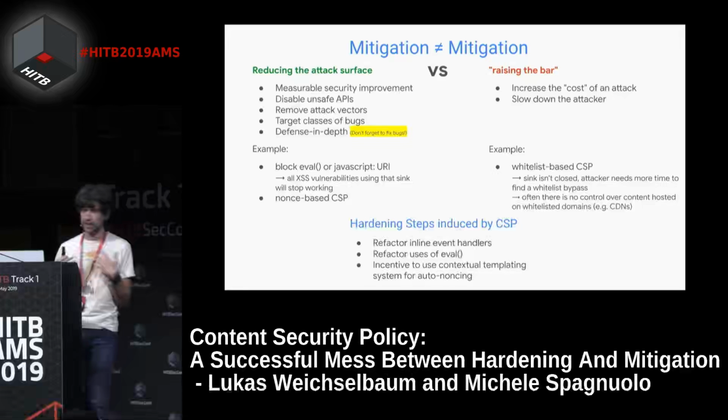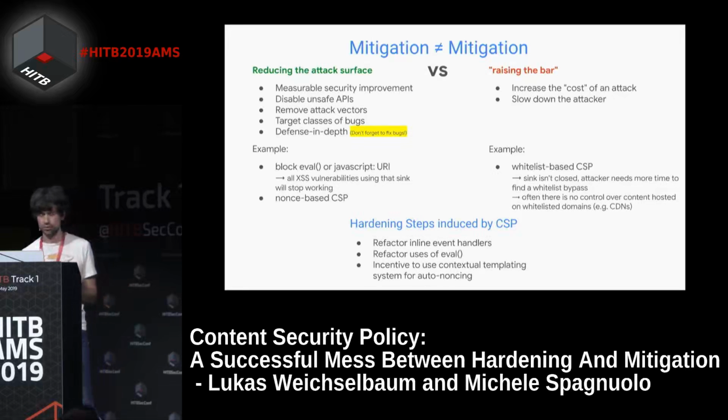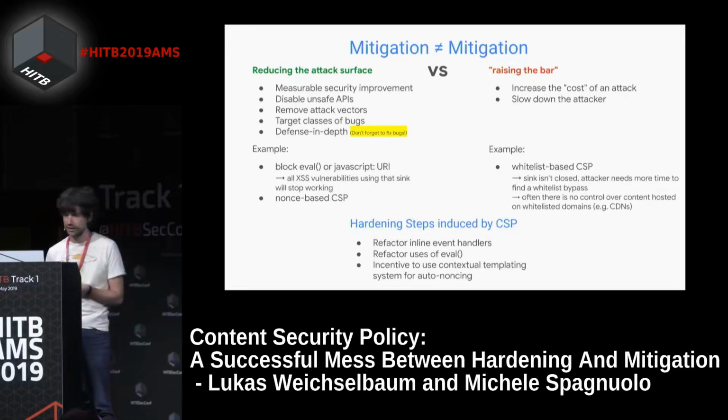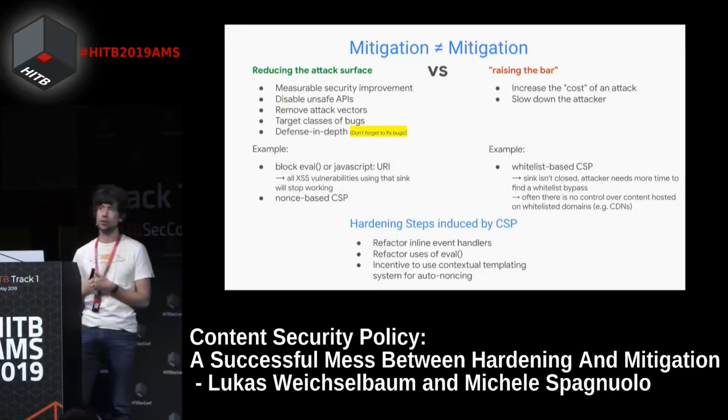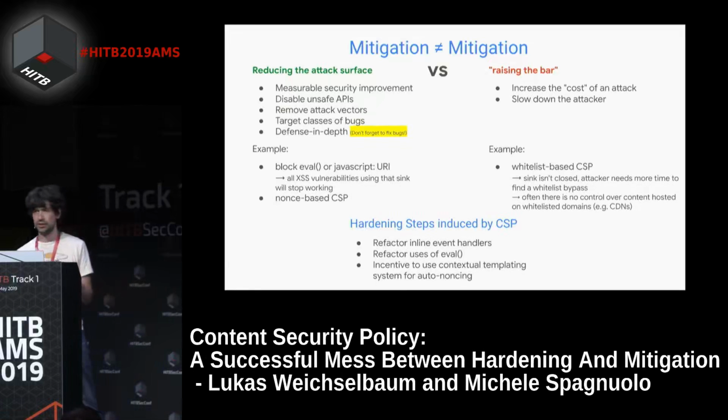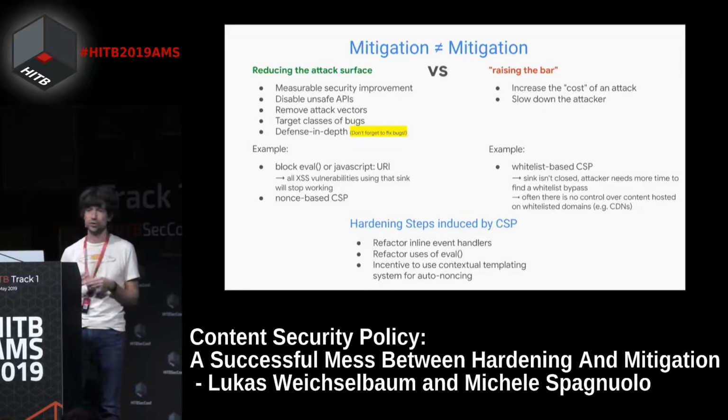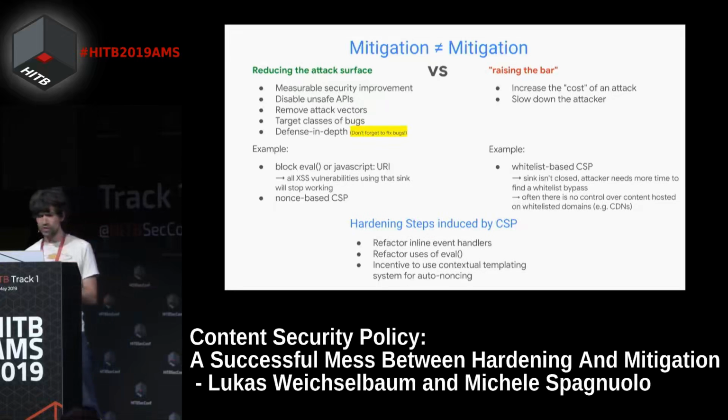So they have an economy of cost in mind. They want to increase the cost of an attack and slow down the attacker. CSP, as it was around 3 years ago, mostly whitelist-based CSP, where you had to come up with a list of origins from which you sourced and executed resources, was pretty much in this category. Like the actual sink is not closed.